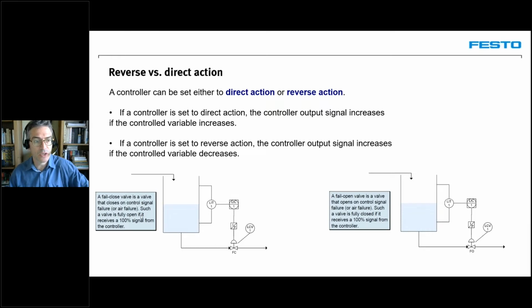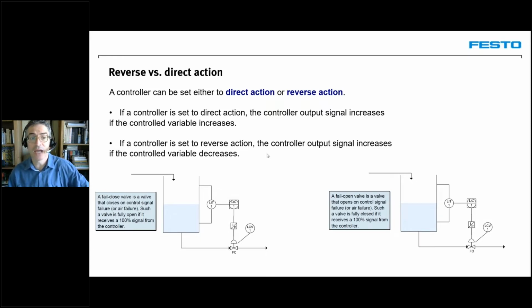Such a valve is fully open when it receives full signal, 100%, and fully closed when it receives 0. A fail open valve is just the opposite. When it receives no signal, it is fully open. So you understand that the controller on the fail close side, when it wants to close the valve, needs to send a 0 signal, while this one needs to send a 100% signal when it wants to close it.